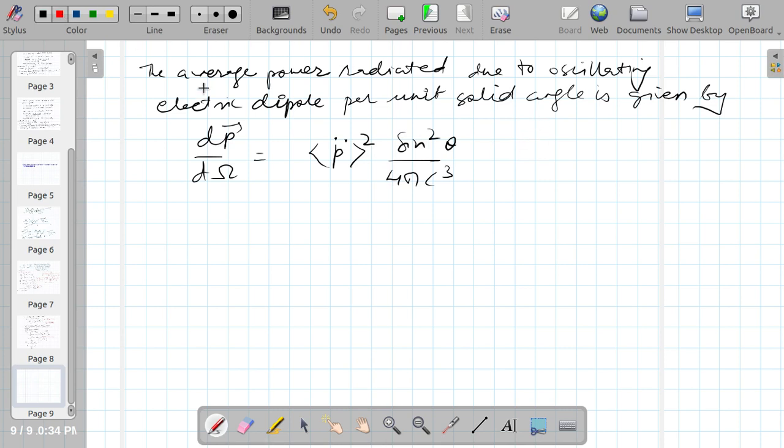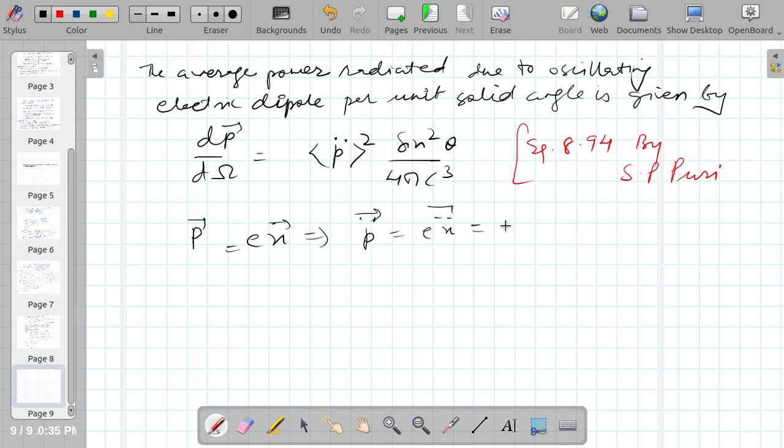Here I have used equation 8.94 by SP Puri, which is the book I have followed. Now let us define the dipole moment, the actual definition. This dipole moment is nothing but ex, or p double dot means the derivative. If I take its derivative, then it is ex double dot, or simply ea, where a is the acceleration.